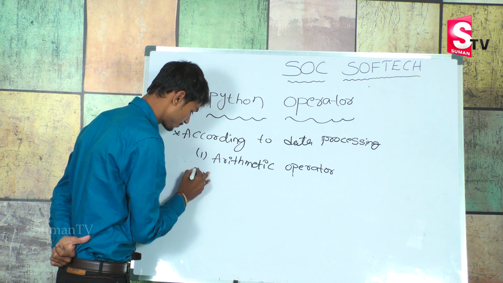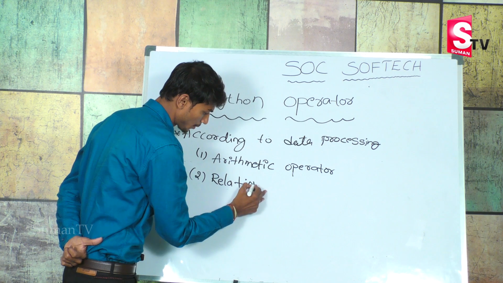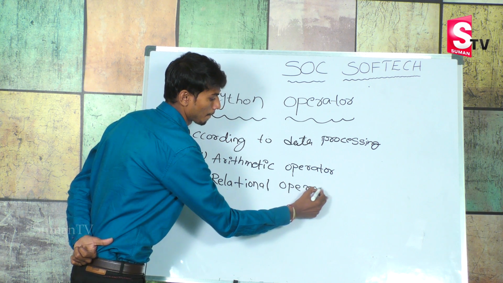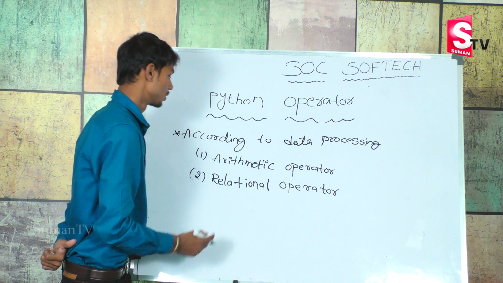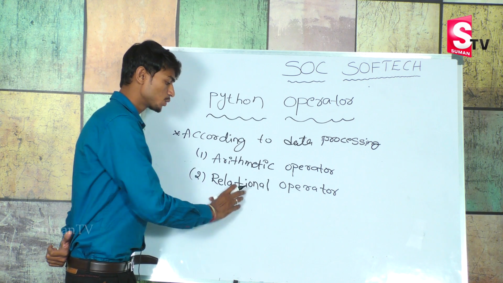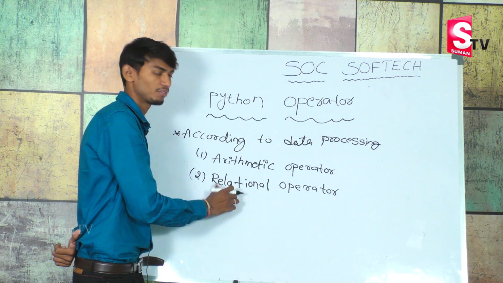The second one is relational operators. Here we have different operands, and by using relational operators we can give the relation between the operands.